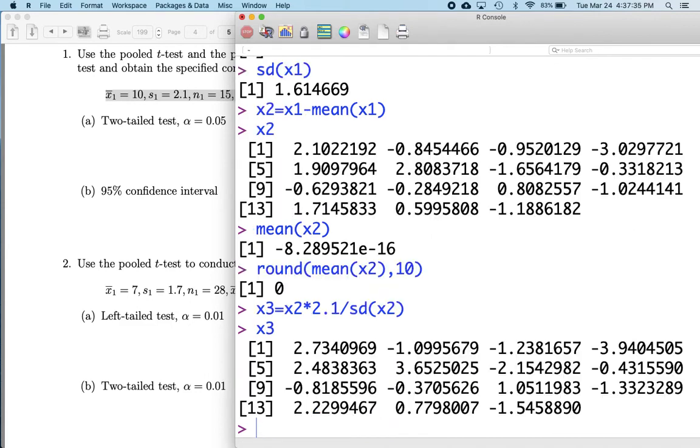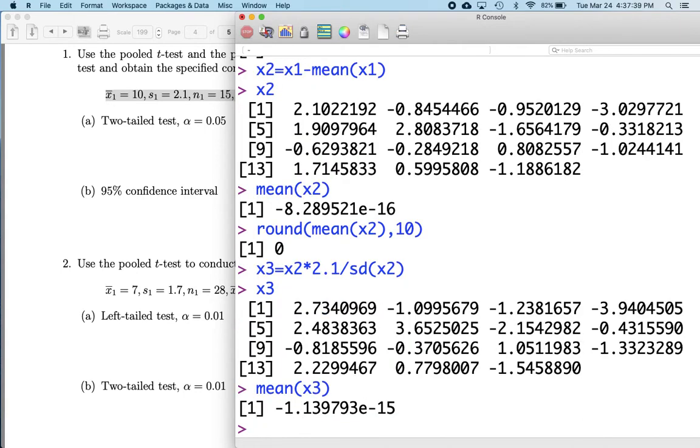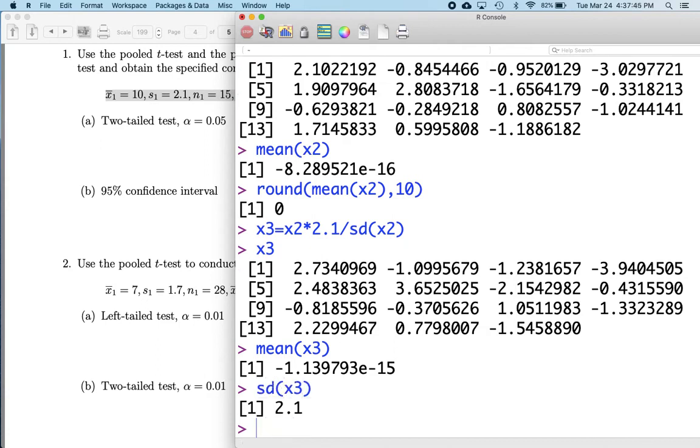That'll give us a new set of data, x3, where the mean is again 0, in this case up to 15 decimal places, and the standard deviation of x3 is 2.1. Okay, so x3 is the set of data that we were looking for.